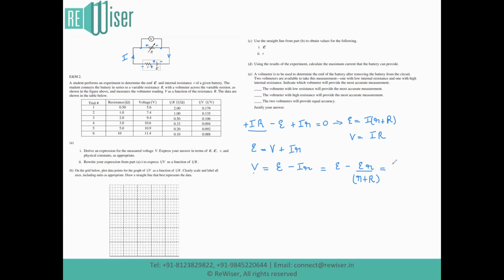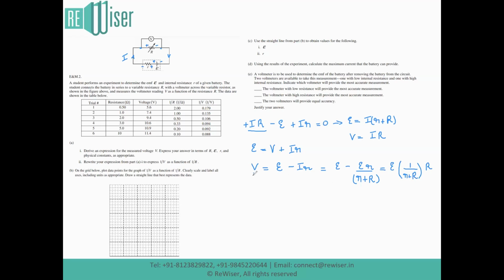If I take epsilon common, I get epsilon into 1 minus small r by small r plus capital R. This can also be further rewritten as 1 can be written as small r plus capital R divided by small r plus capital R. And when you subtract the small r, you are left with capital R into 1 by small r plus capital R, with epsilon outside.